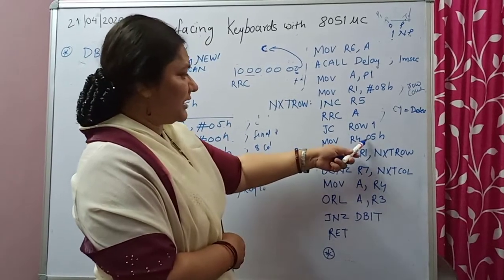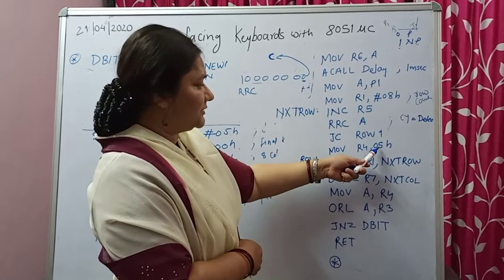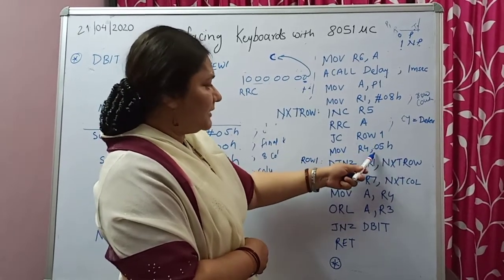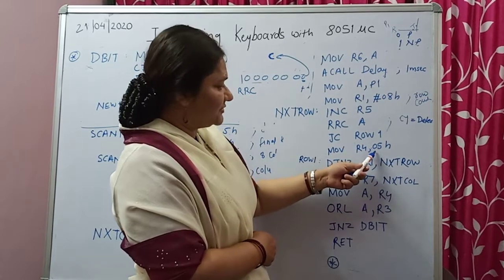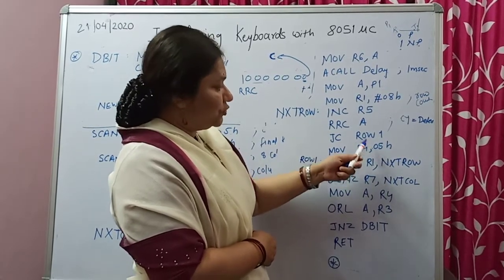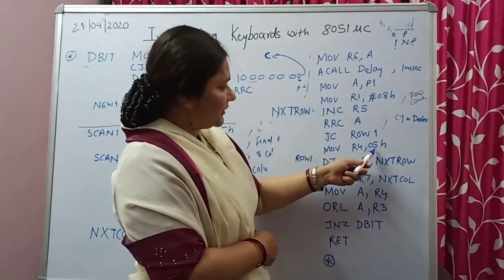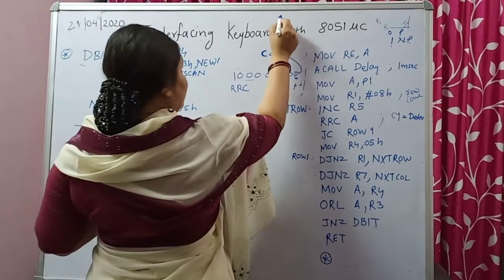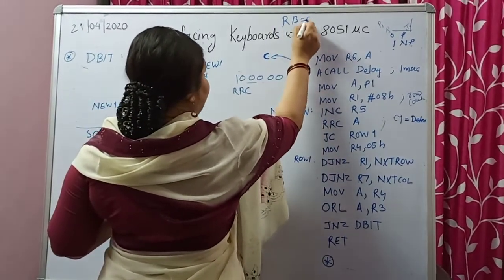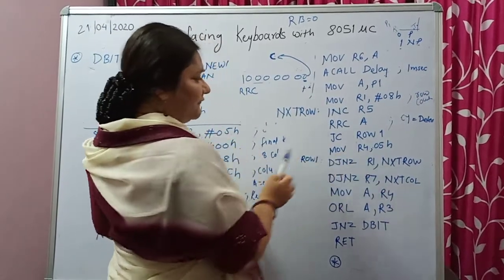There is no hash sign, so it is not immediate data. Rather it is the address of a register. We are using bank 0, so address 05 corresponds to the R5 register.